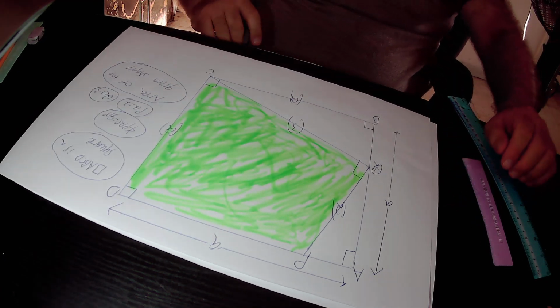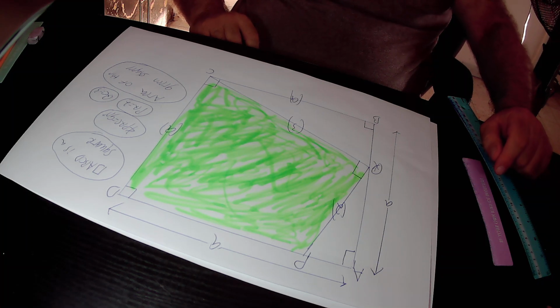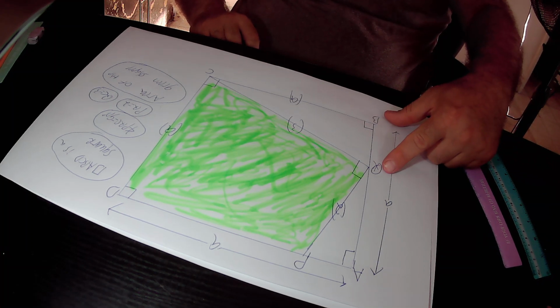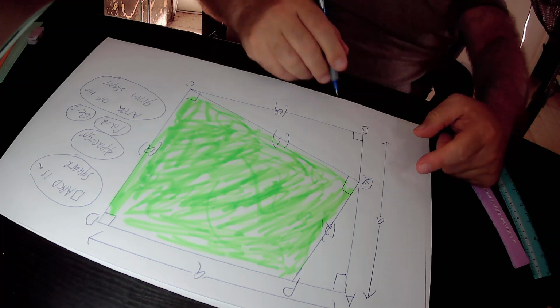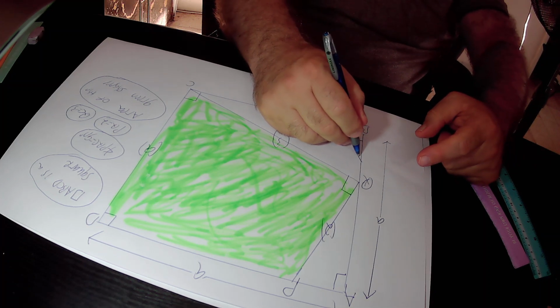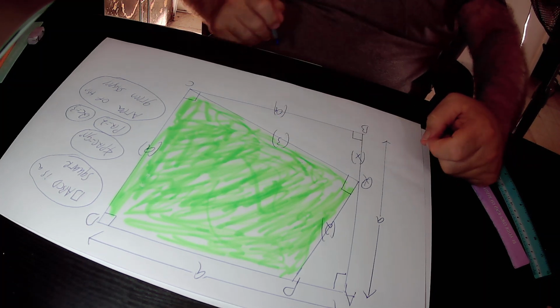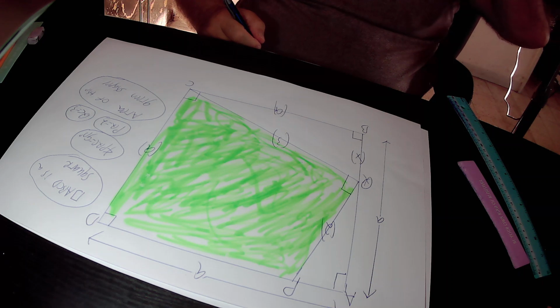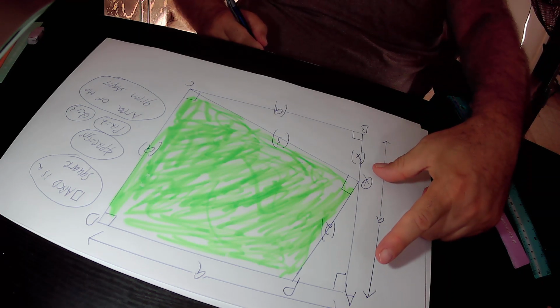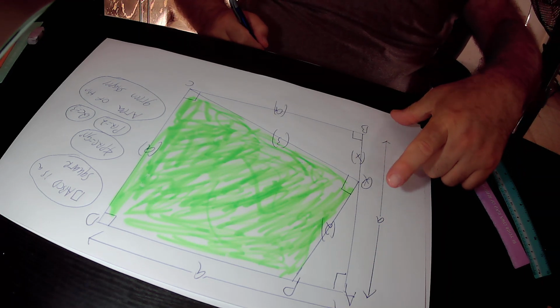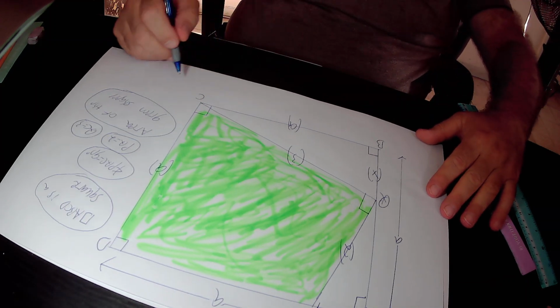In the next step, we define the length of this line segment QB as X. And therefore AQ equals AB minus QB. So write it down.